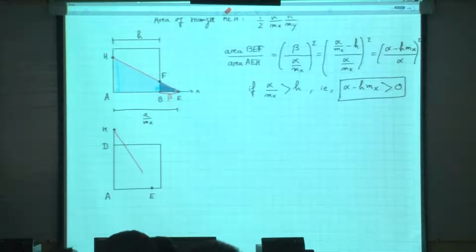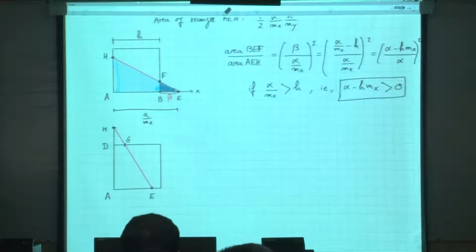My line goes from here to here. That point I'm going to call G.